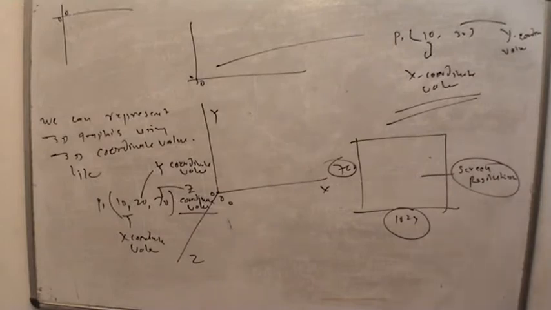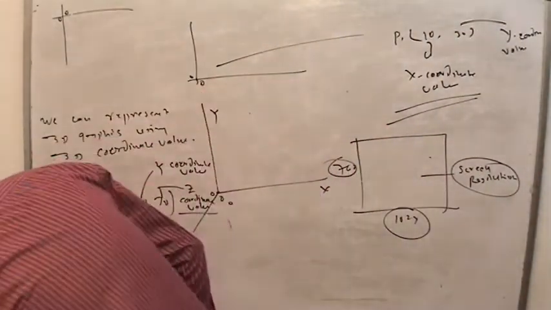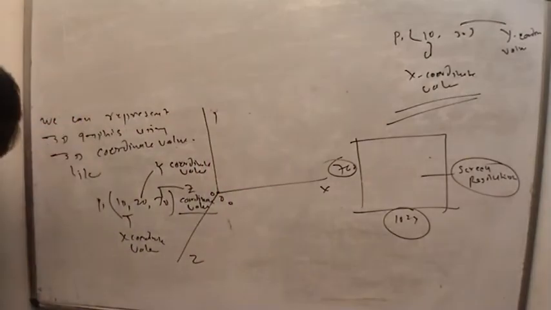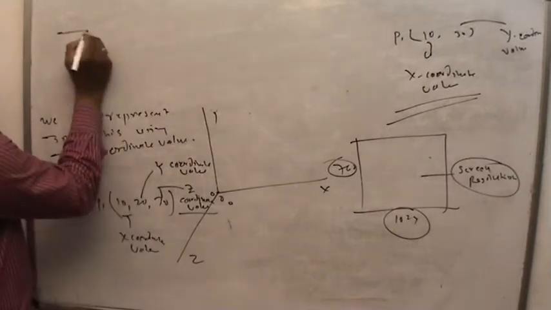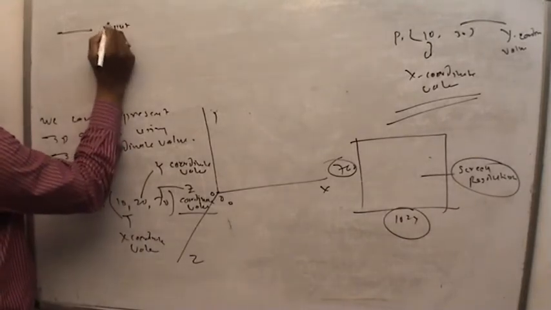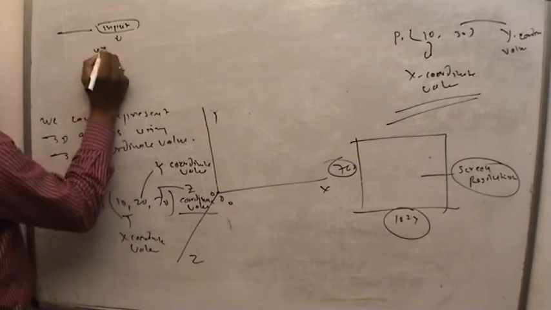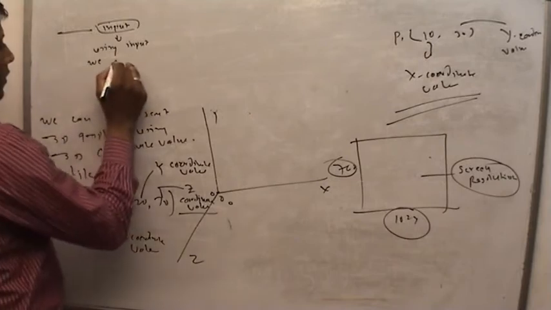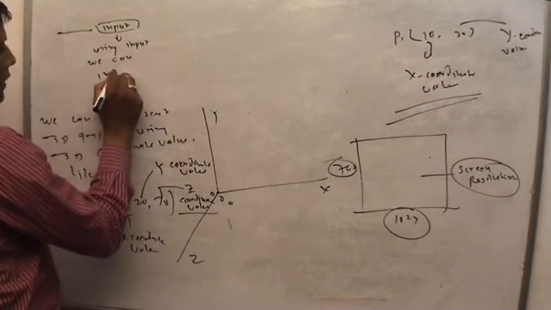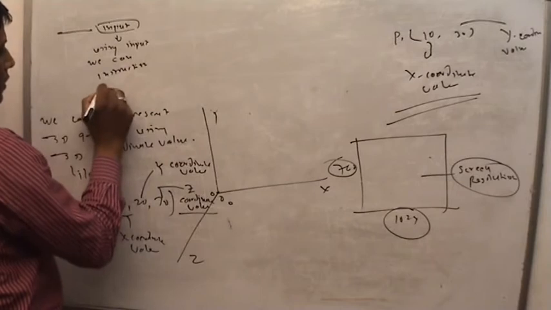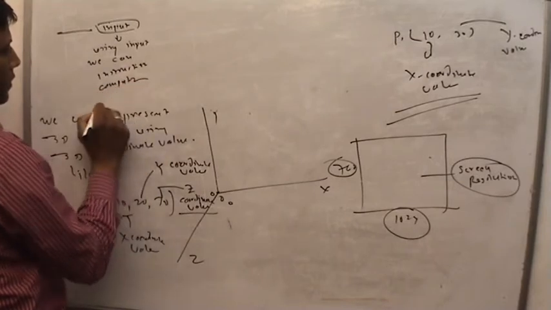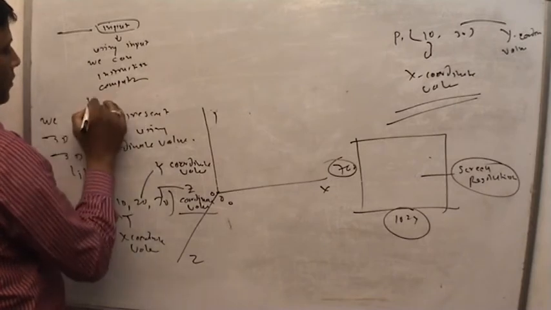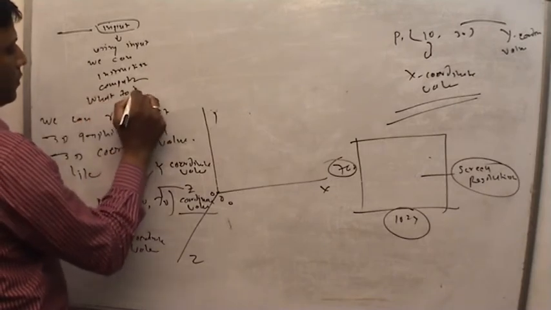So how to process 2D graphics? Input. Using input we can instruct the computer what to draw.